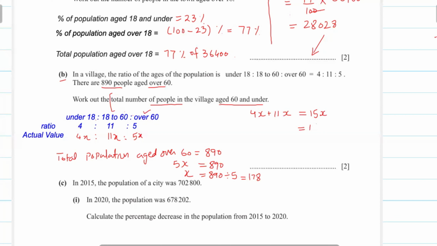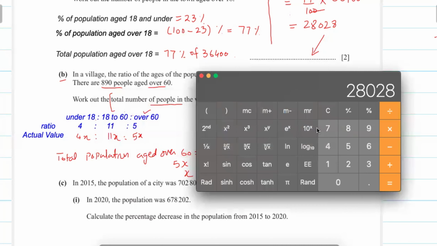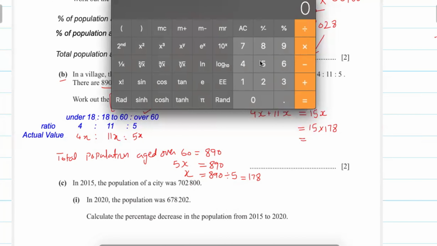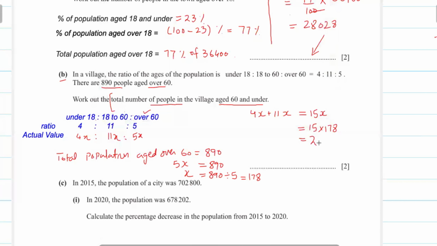Therefore, 15 multiplied by 178 will be equal to 2670. And this is the answer.